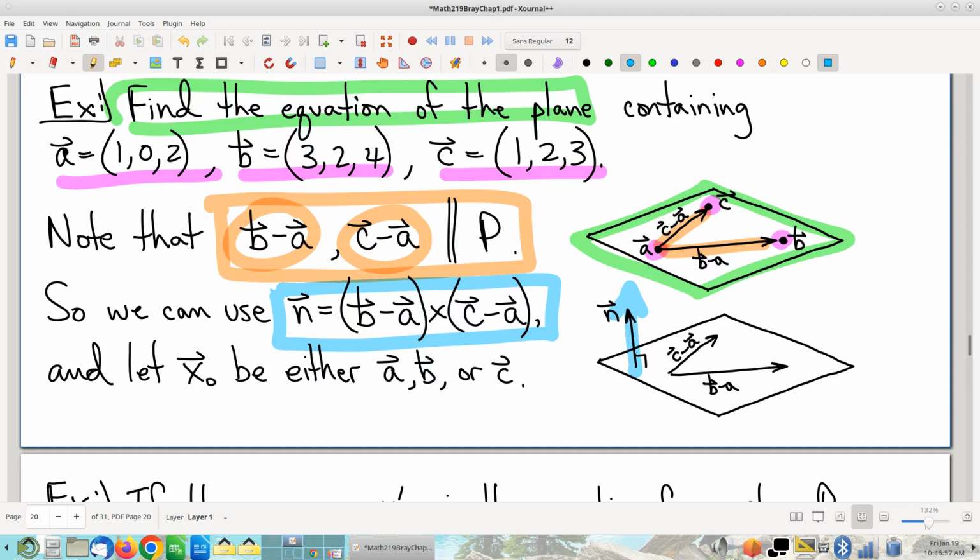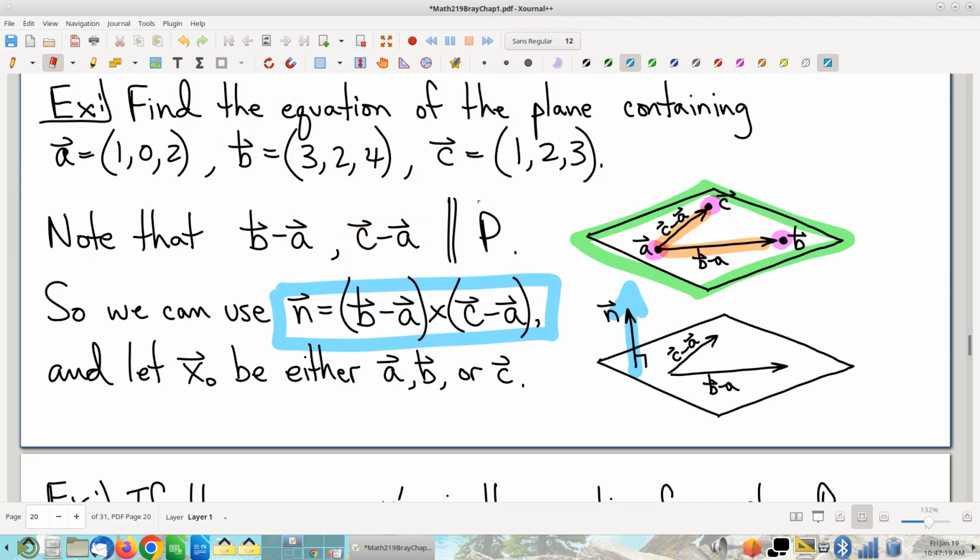How could it do anything but be perpendicular to the whole plane? Does that make sense? Okay. Neat trick. Wish I'd thought of it. I didn't. Somebody showed me. Tool for my toolbox. Been using it ever since. So this is a nice standard trick to have in your arsenal.